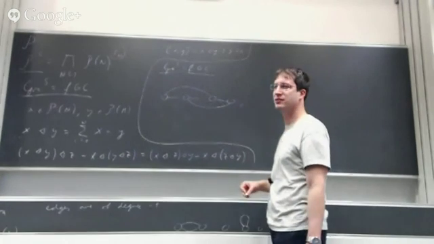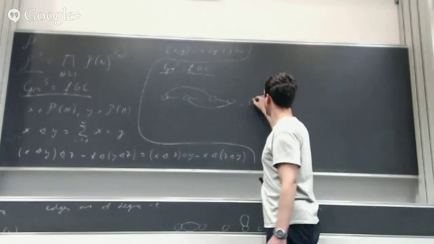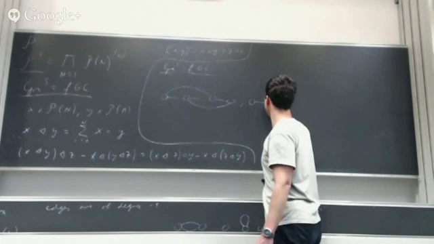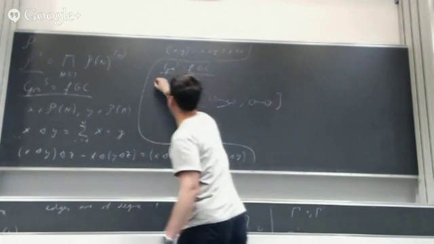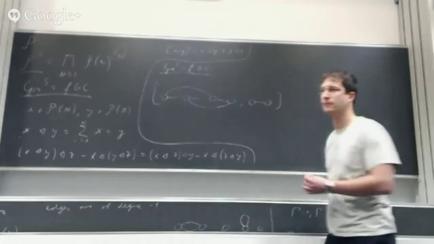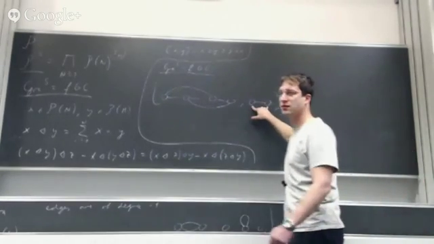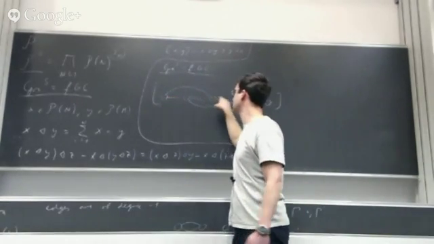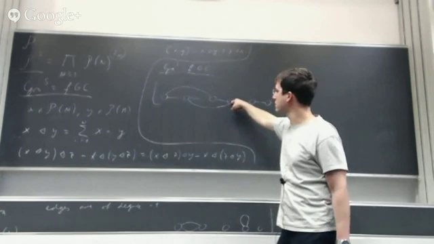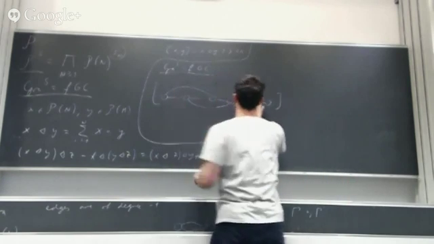Okay, so with this, what will this be? I first put this into all these vertices, and then I put this into these two vertices.